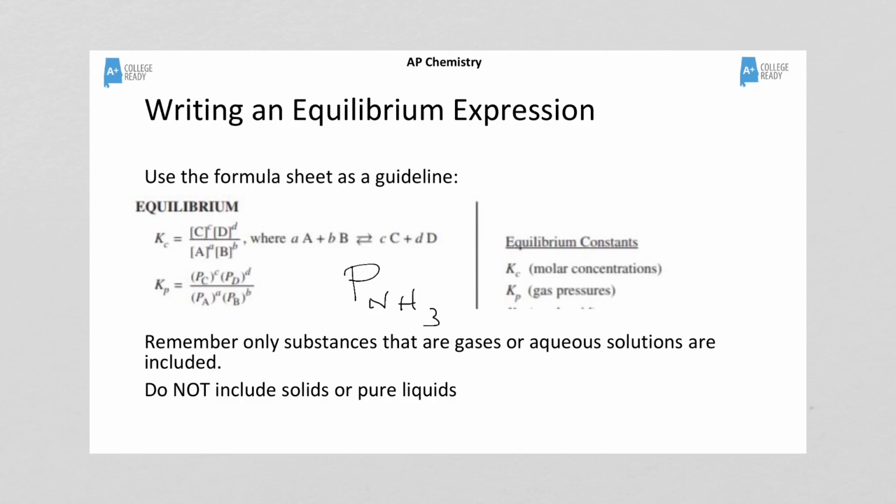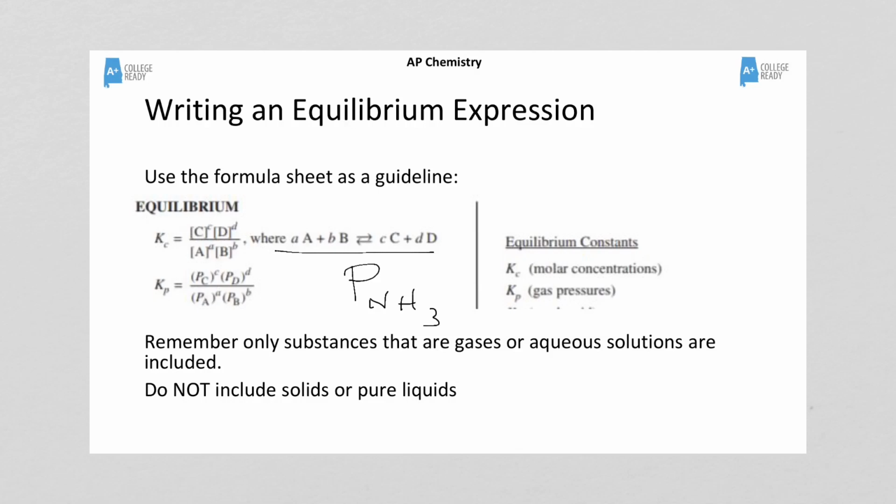It's very important to note that this generic reaction is on the AP exam, so it's reminding you it's products over reactants. Notice that the lowercase letters are the coefficients, and due to the law of mass action, our coefficients become our exponents. On the Kp expression, if you were asked to write that, you must have those P's for partial pressures.